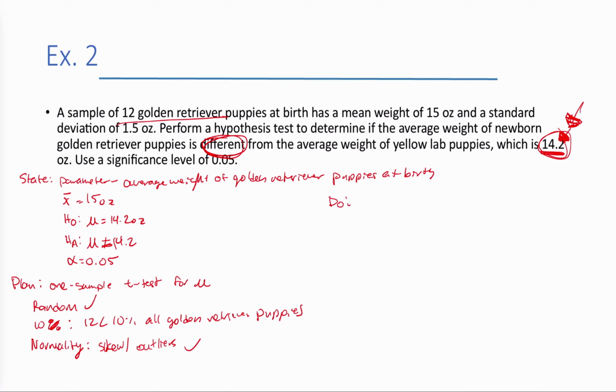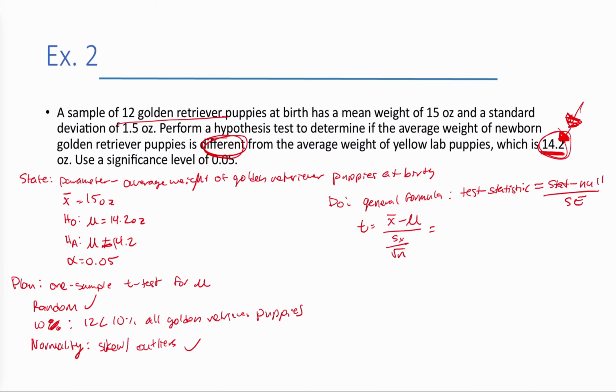Our do step: our general formula is the test statistic equals the statistic minus the null value over the standard error, which for a hypothesis test for a mean means that t is x bar minus mu over sx over the square root of n.